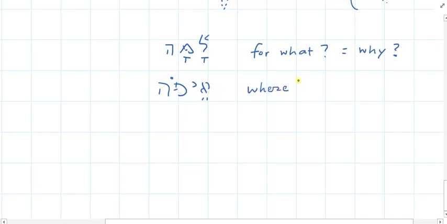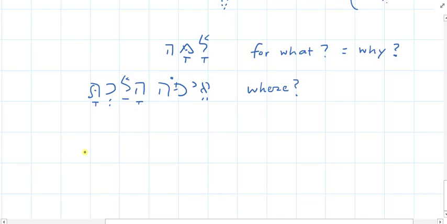And this is where? Okay? Where? Afo. So if I want to say, where did you go? Afo halakta. Okay, halakta is you went. Afo halakta, where you went, meaning where did you go? Where did you go? All right, so that's how you use that.